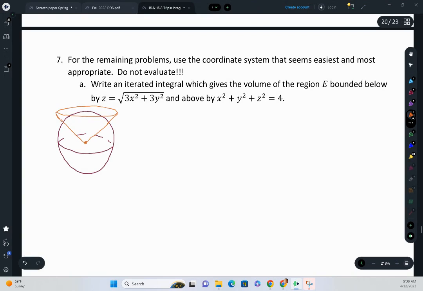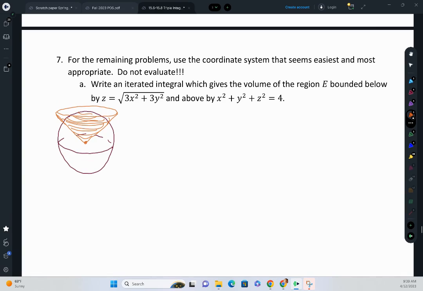Okay. So I've drawn the cone so that it extends beyond the sphere, just so you know that it doesn't stop at the sphere. We want the volume of the region that is bounded below by the cone, and then above by the sphere. That means we want the region that is contained fully inside of the sphere and the cone, not extending beyond the sphere.